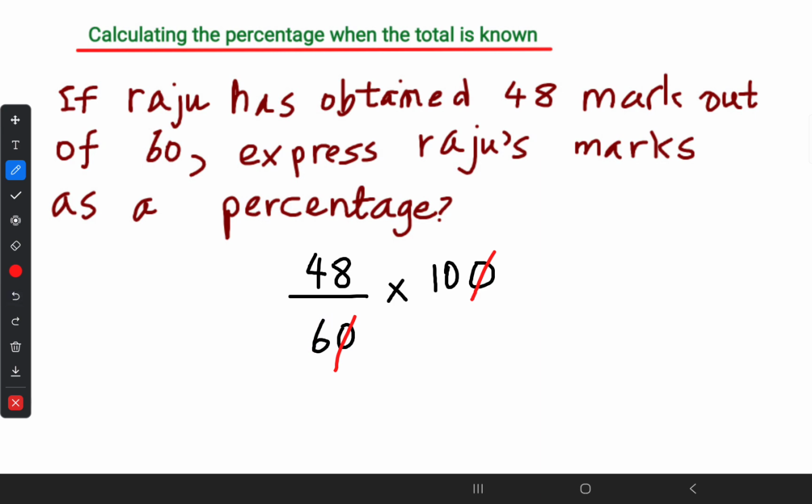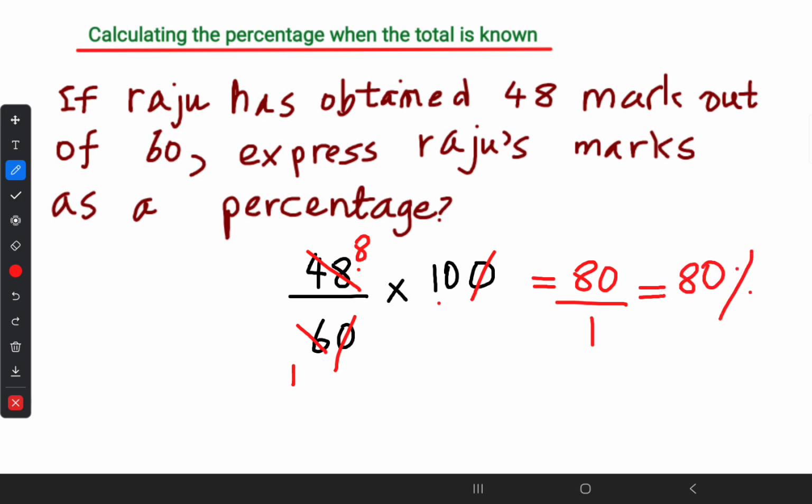If there were two zeros, you could simplify both. If not, we cannot simplify. And you can simplify 48 and 6: 8 sixes are 48. Thereafter, in the numerator, you will have 8 times 10, 80. Denominator 1. 80 divided by 1 will give you 80 percent.